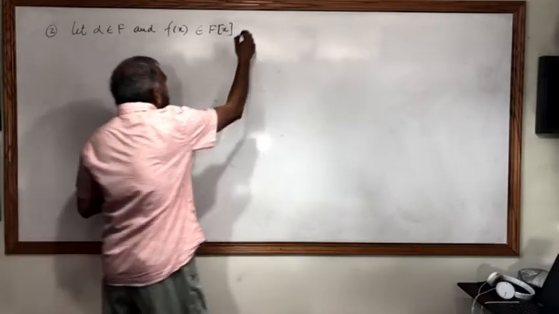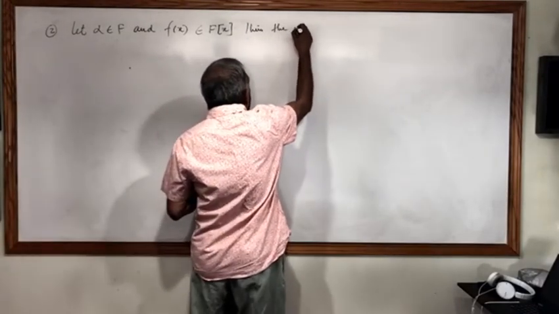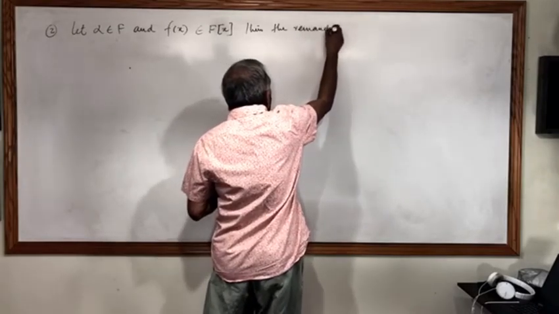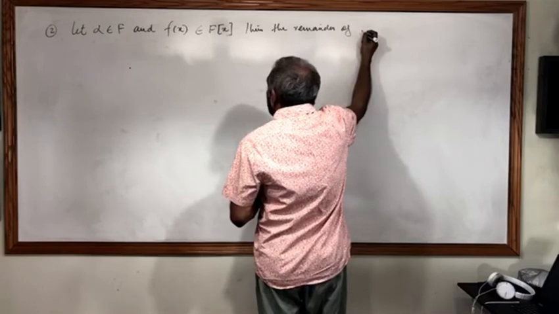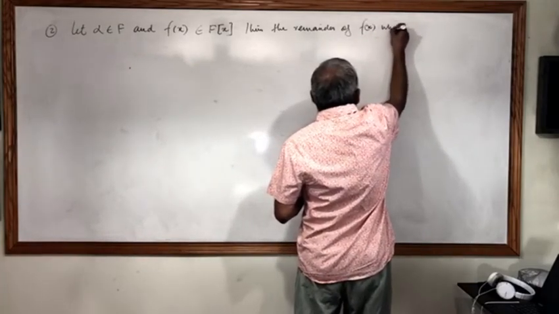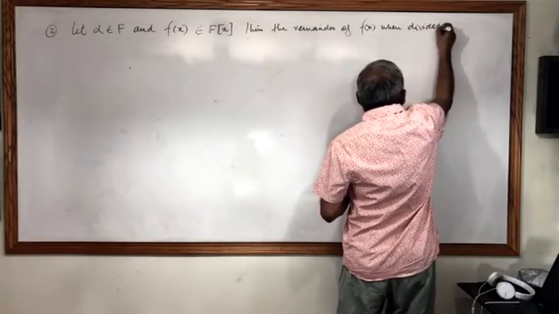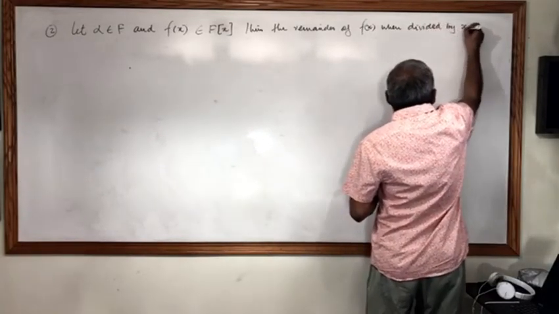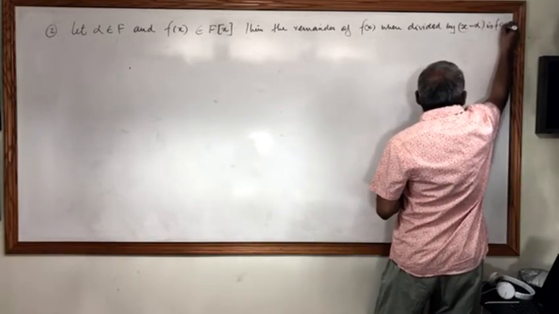Then the remainder of f(x) when divided by x minus alpha is f(alpha).